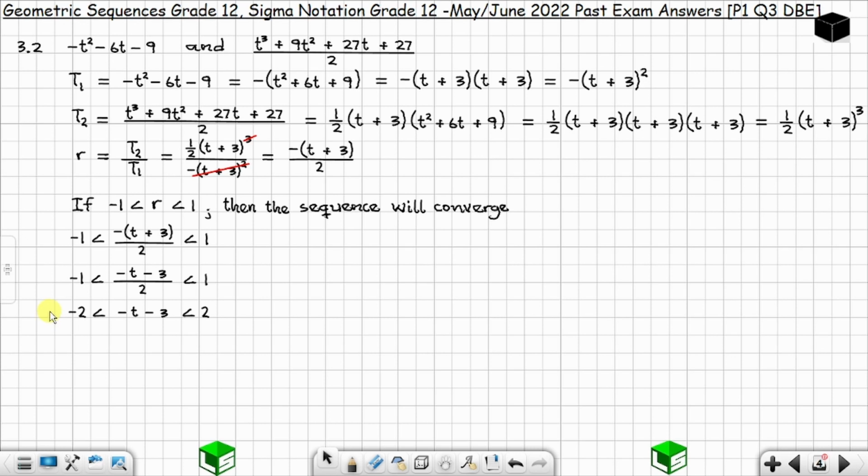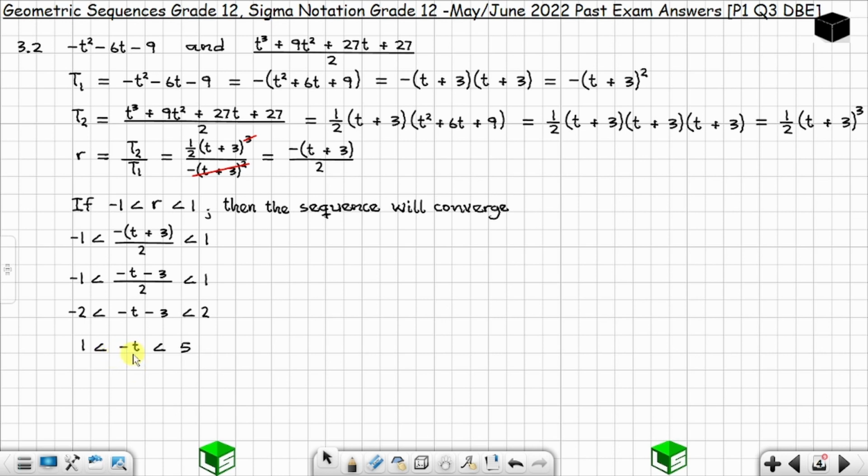Now you have 3 minus 2, which is 1. Okay, and you have this. You remain with only negative t, and you have this. You take it to the right, so it becomes plus 3. Now you have 2 plus 3, which is 5. Okay, now from here what you have to do is to get t only, not negative t.